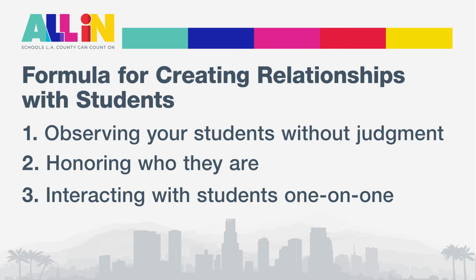And the third thing is deliberately interacting with individual students one-on-one to create and strengthen the particular connection that you're going to have with each individual. And that will allow you to grow trust with them.